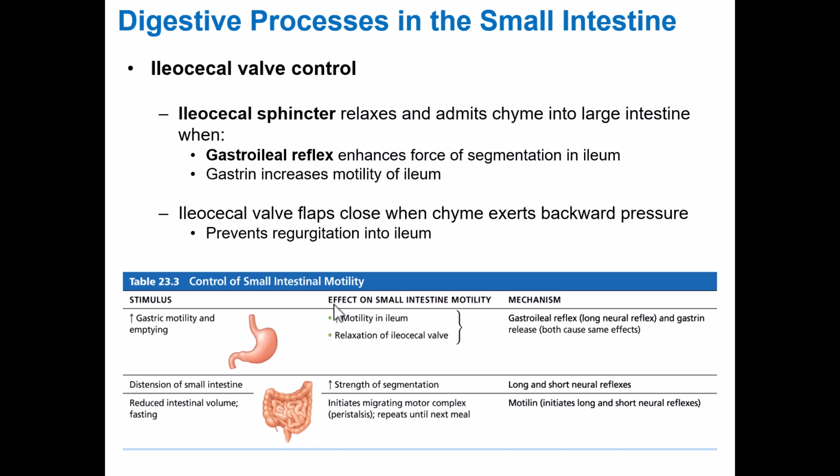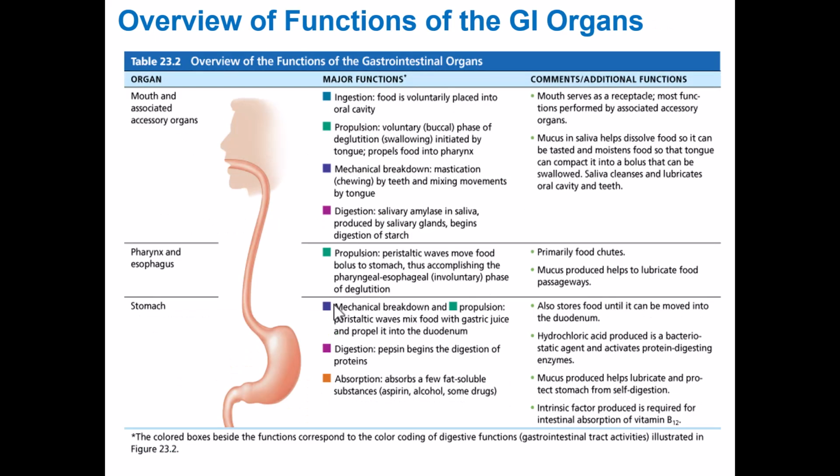There are different reflexes that are going to move things through as well, just like we saw with some of the other organs. This table is an overview. I don't know why they put this here, because we haven't talked about the large intestine yet, but this is a great table when you are trying to learn the functions of all of the different GI organs.